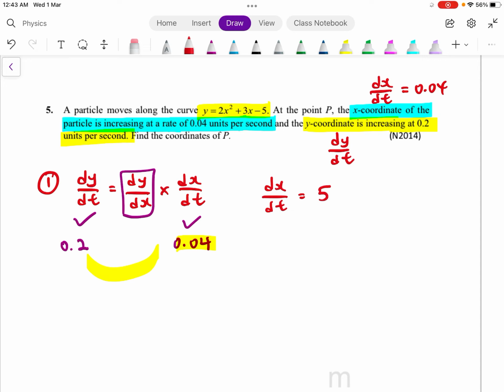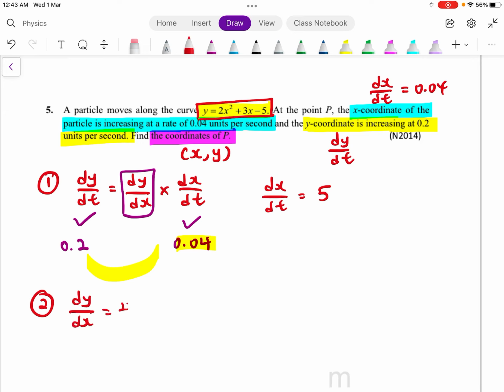Next, they want us to find the coordinates of P. This statement tells me that we want the x coordinate and the y coordinate. Let's find our x coordinate first. The second step is to find dy/dx from y equals 2x squared plus 3x minus 5. Differentiating, dy/dx is equal to 4x plus 3.